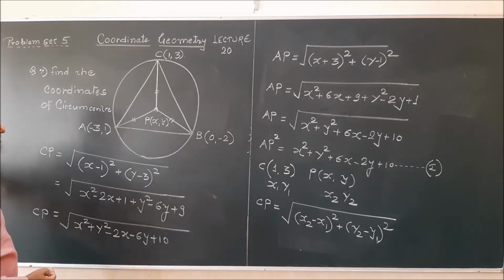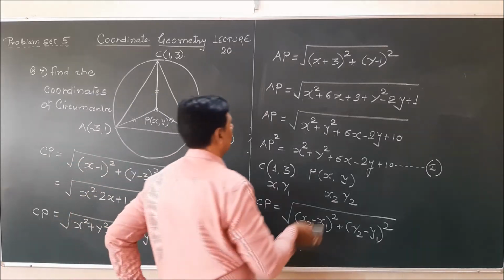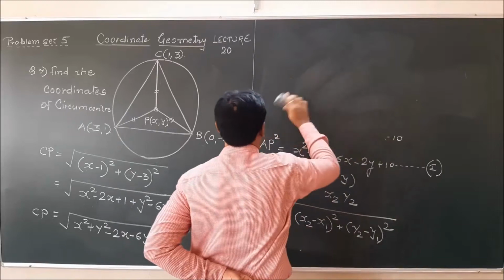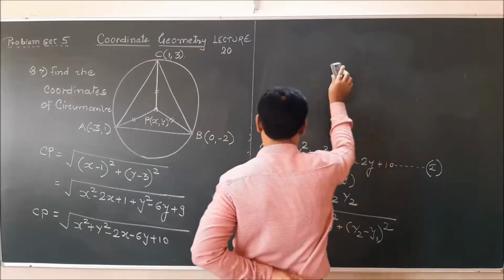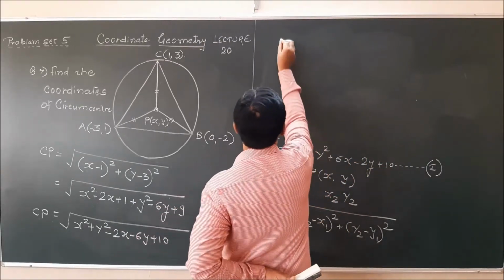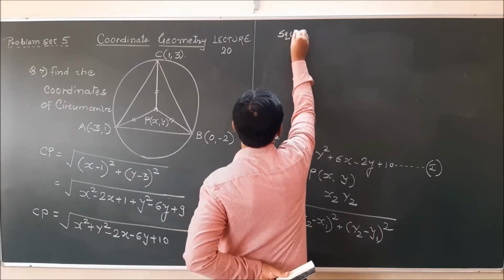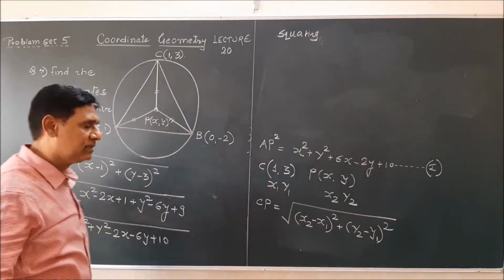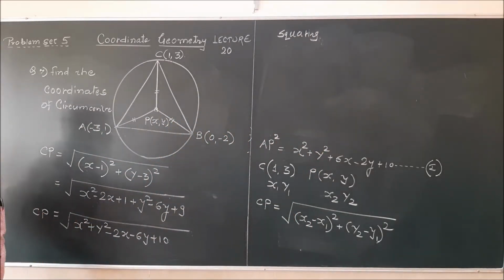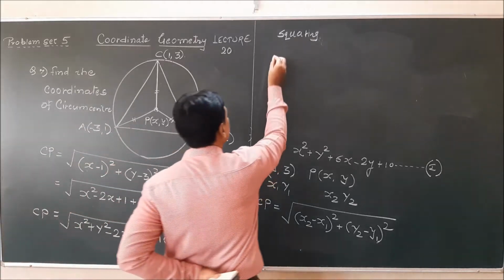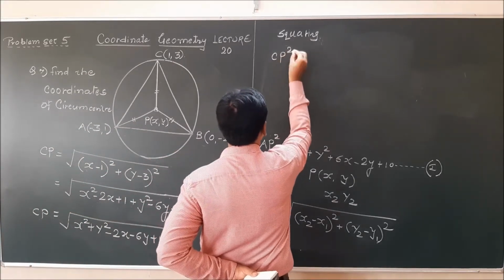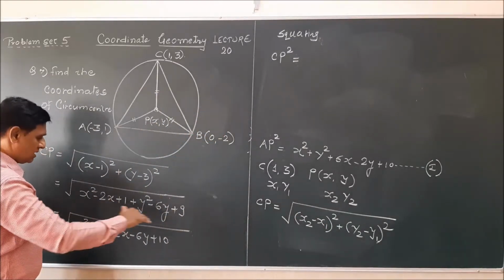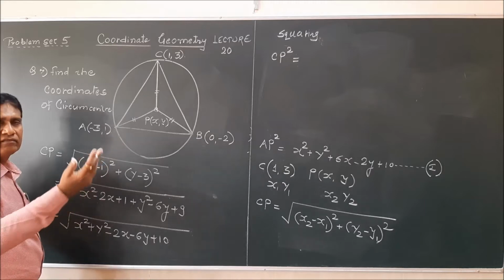Squaring, the left hand side becomes CP square, and naturally the square root on the right side can be removed.